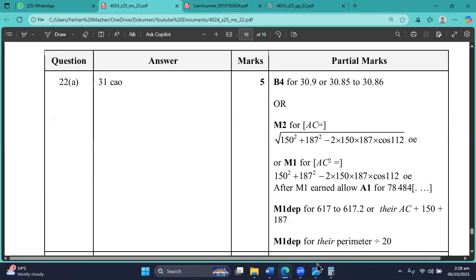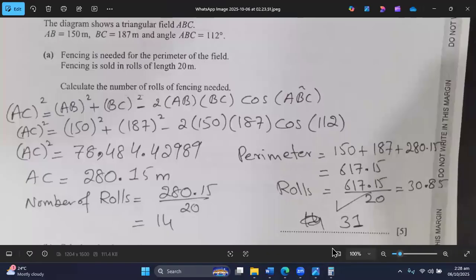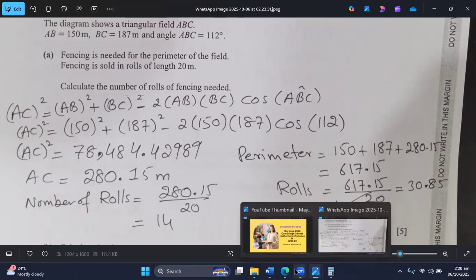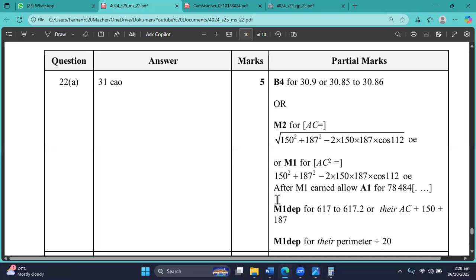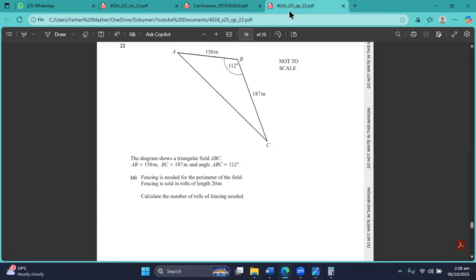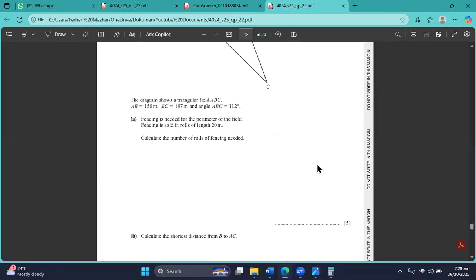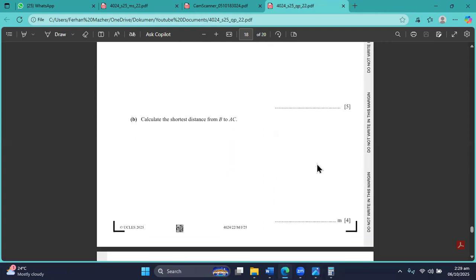So this is how this is done. Don't do this part, this part is not included. So we found the value of the AC, then we found the perimeter, then we divided by the 20, you got 31. I hope this will make no problem for understanding this. It's possible that we might make a mistake.